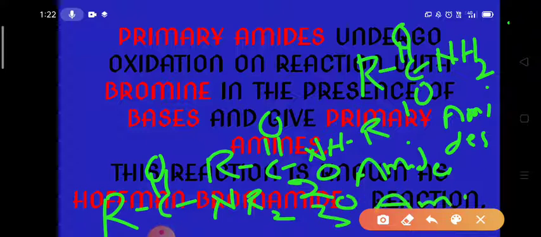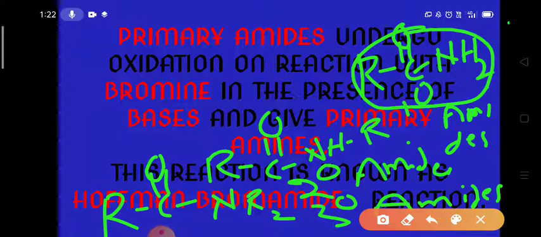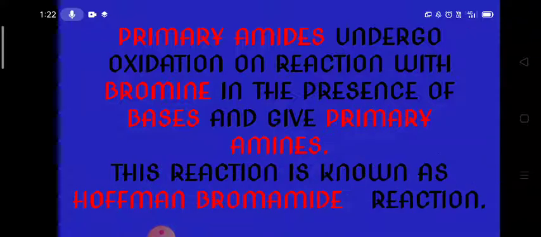So like that we have the three types of amides, but only the primary amides show the Hoffman bromamide reaction.